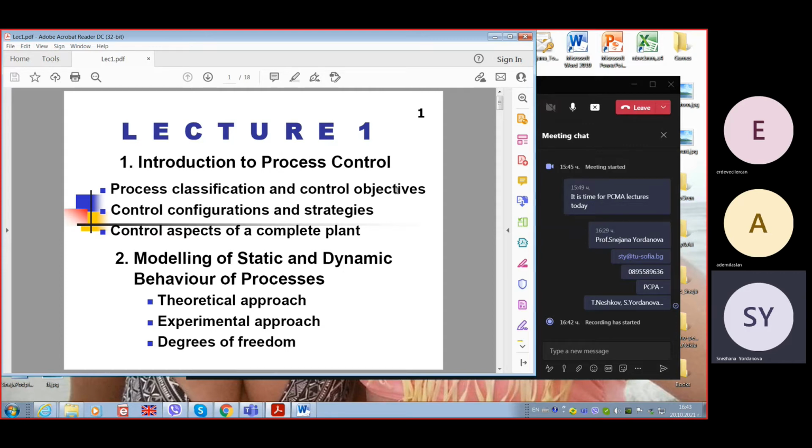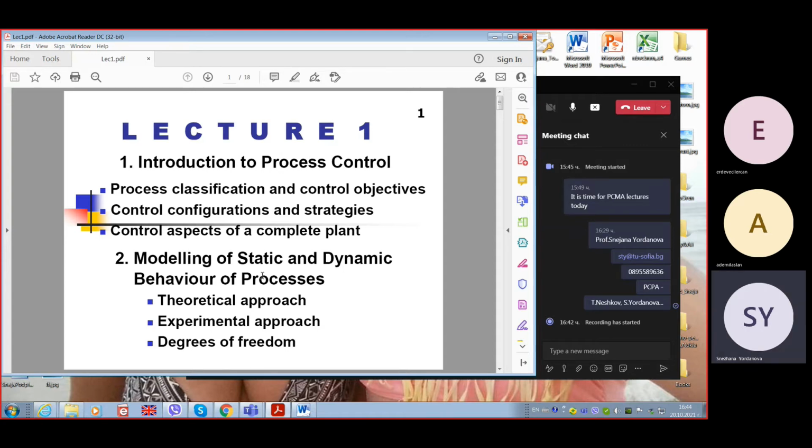Their objectives to be controlled, control configuration, strategies, the interconnection of objectives and strategies when a complete plant is to be controlled. So many processes that build the plant have to be controlled, and how the control objectives interfere.